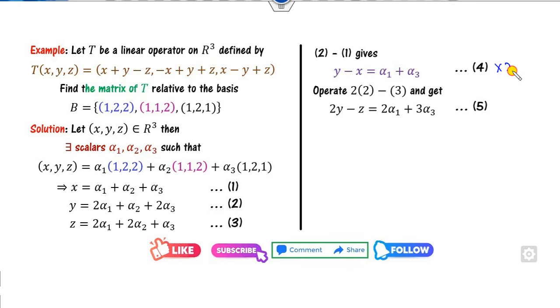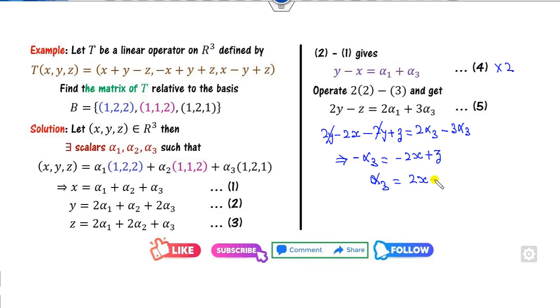You can multiply this by 2 and subtract them. So 2y minus 2x, subtract them, plus z, it will be my 2 alpha 3 minus 3 alpha 3. So that means alpha 3 minus of alpha 3 will be minus 2x plus z, or you can see alpha 3 will be my 2x minus z. Fine.